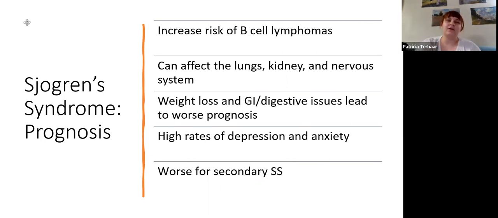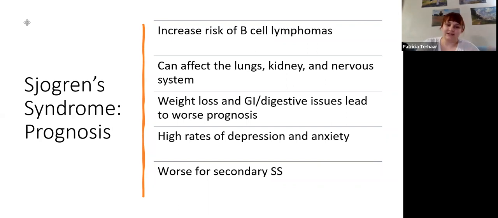A lot of people have not taken Sjögren's syndrome as seriously because they just view it as something affecting the salivary and the lacrimal glands, which can be seen more as an inconvenience than a risk to the patient's health.